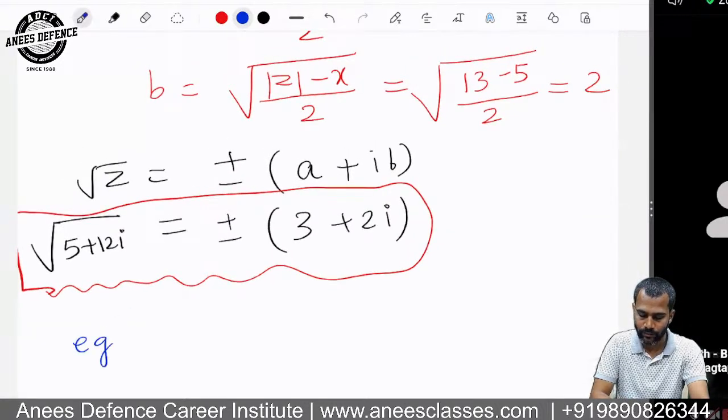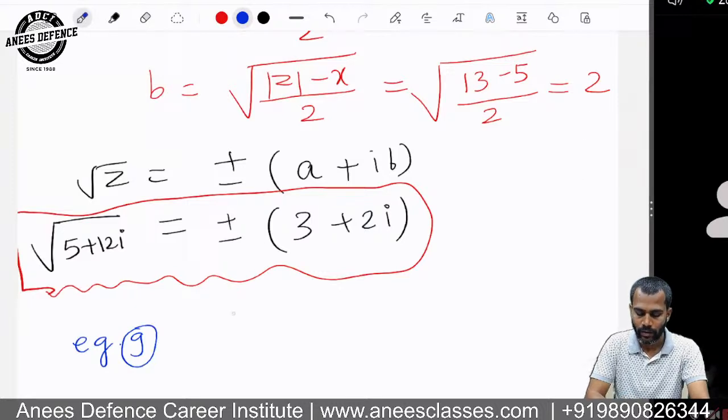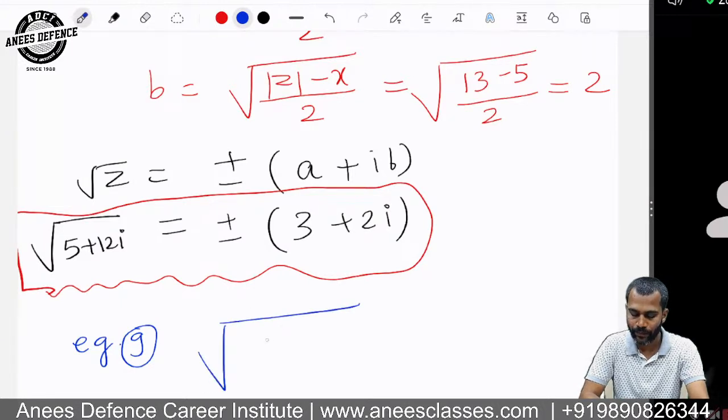Example number 9. Please find the square root of 7 minus 24 iota.